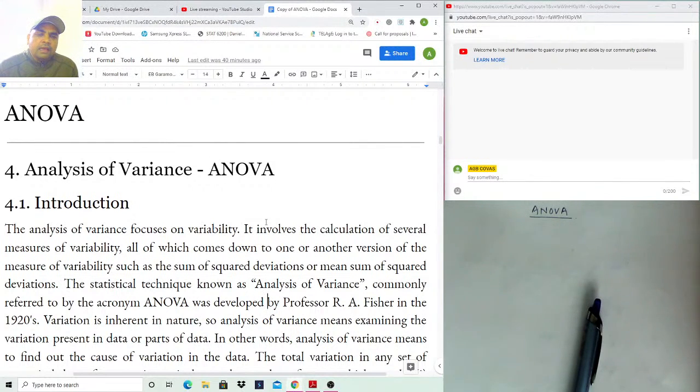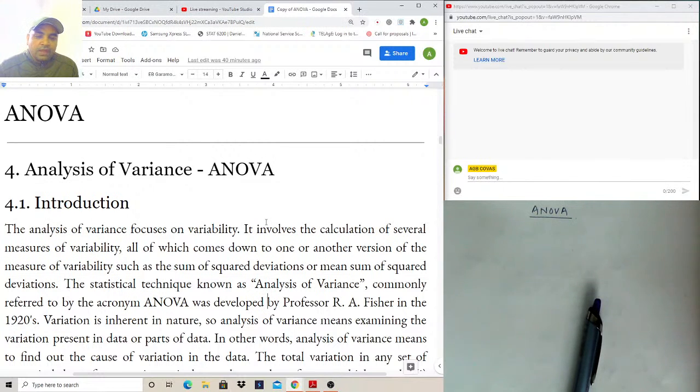I can say that this is one of the greatest discoveries in mankind, which has enabled a lot of researchers to carry out their research and find out the assignable causes to the outcome. We will be studying this, and if there is a question in statistics, it is bound to come from ANOVA.